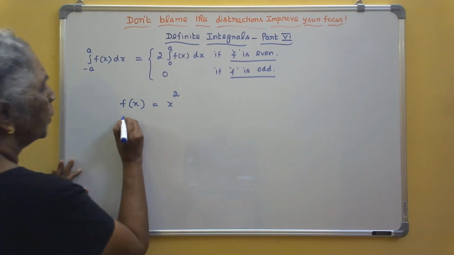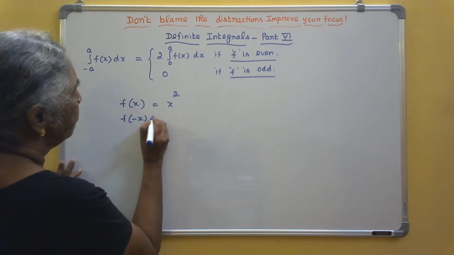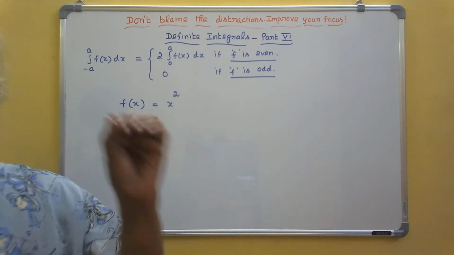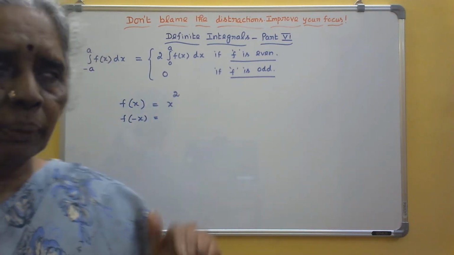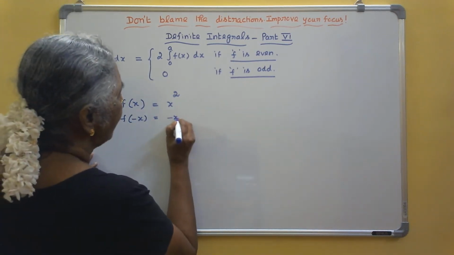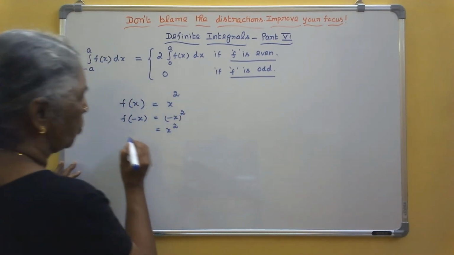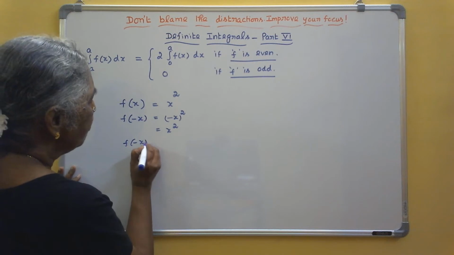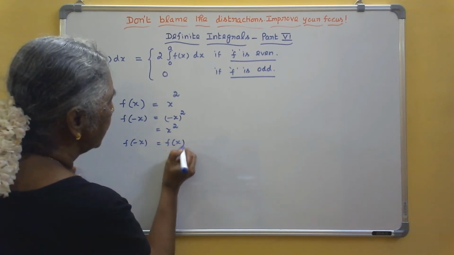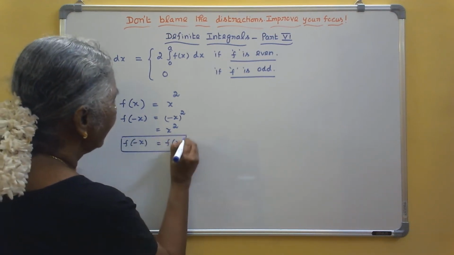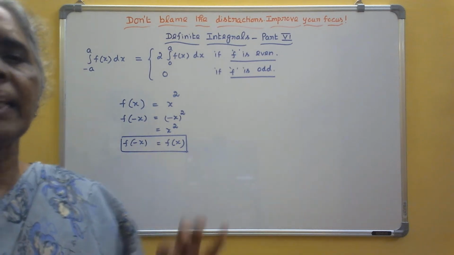Now, find f of minus x. That means in the place of x, you substitute minus x. You will get minus x the whole square, which is equal to x squared. So, f of minus x is equal to f of x. That means f of x is an even function.